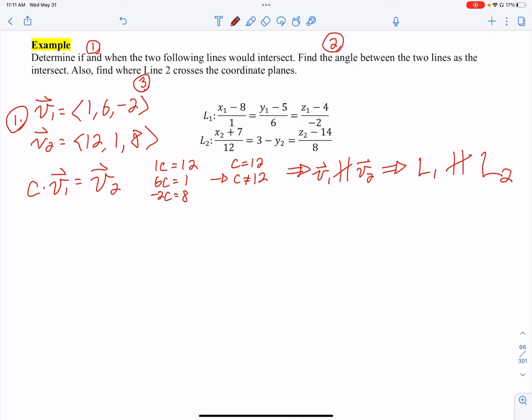So now, remember I set all my x's equal together, all my y's. Now this one's going to be a bit tricky because we have to set it up as like they are parametric. Okay, so how we do that is we're going to do one of them to make sure this is equal to t. So x1 minus 8 over 1 equals t, which tells me x1 minus 8 equals t.